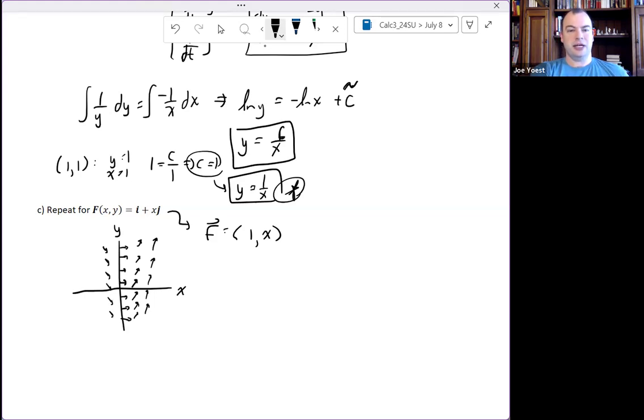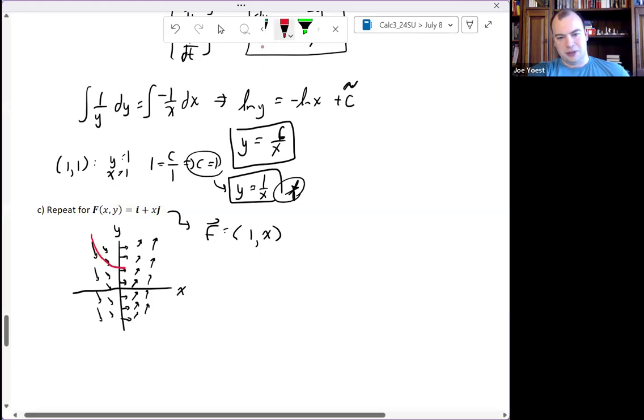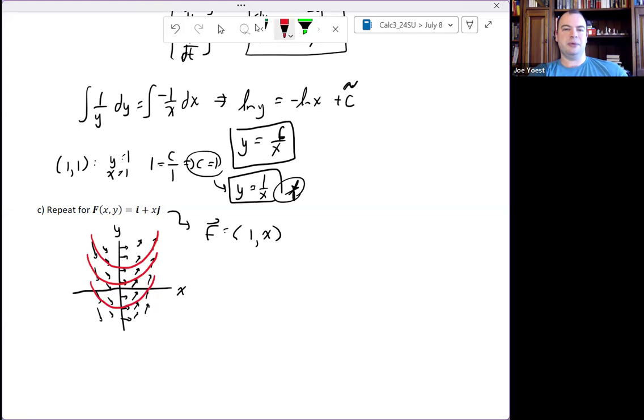When x is a bit more negative, I'm going a little to the right and more down, so steeper down. And I think some solution curves will look something like this. Maybe something like a parabola.